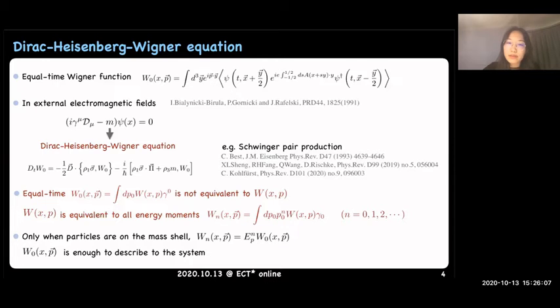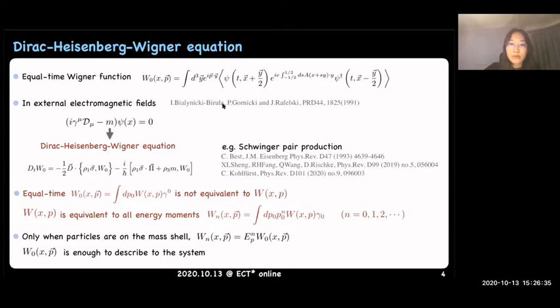where you need to solve it as an initial value problem. However, later it was discovered that the equal time Wigner function and its kinetic theory are not actually equivalent to the covariant one, because the covariant Wigner function involves a Fourier transformation of the time parameter, and thus it is equivalent to a collection of all the energy moments of the equal time Wigner function.